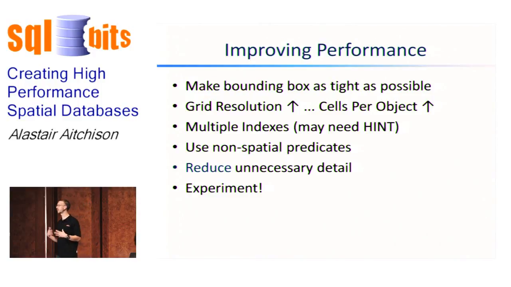So if you've got an application that has global sales territories or something like that, where you really don't need millimeter resolution of your objects, you can use the reduce method in SQL Server 2008, and what that will do is generalize shapes. So you've still got the overall shape of each of the points or the polygons in your table, but it's cut out a lot of the intermediate points that don't really add much to the shape, and that will make it a lot quicker.